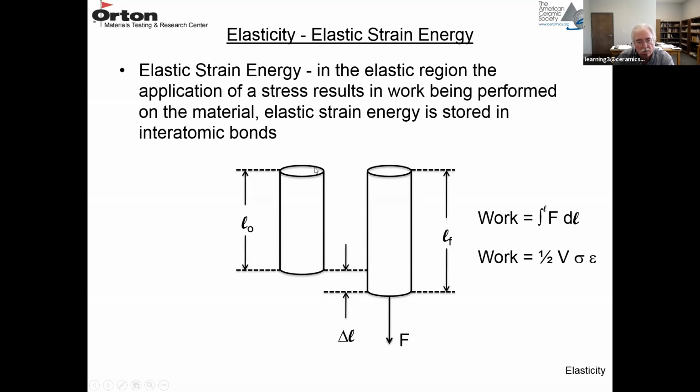So you have a cylinder of length L0, you apply a force to it, it elongates to LF, you have a certain delta L. So you perform work on that material, and the work equals the integral from 0 to L of force times dL. And if you solve that, work simply equals 1/2 times the volume of the cylinder times the applied stress and the resulting strain.